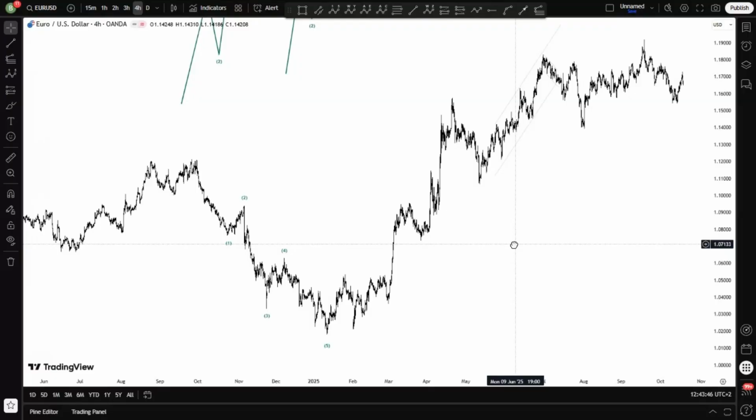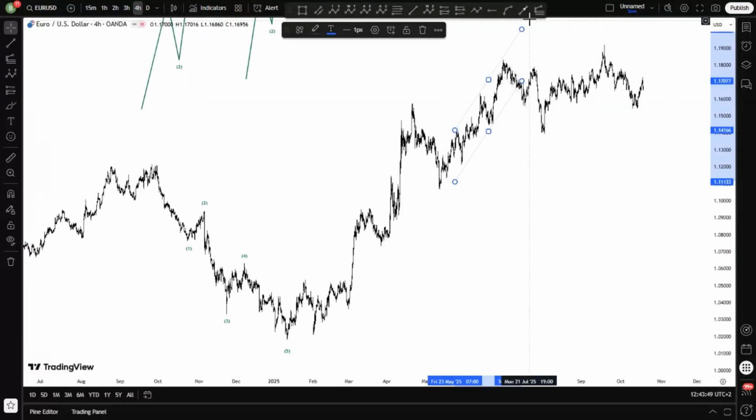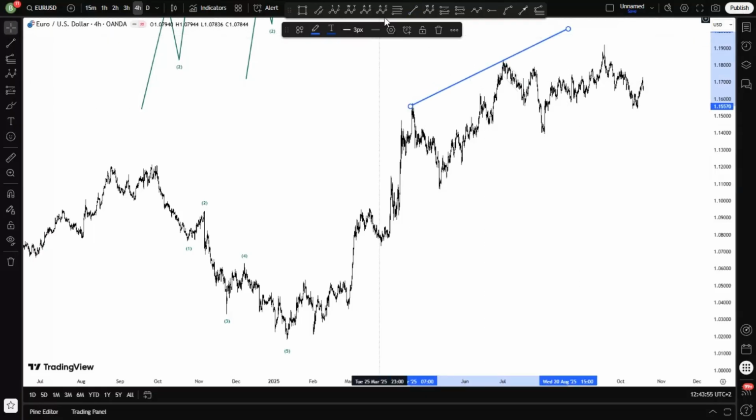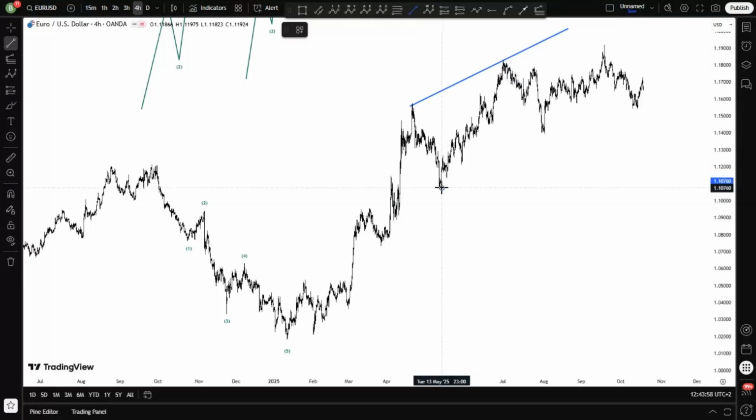This is an ending diagonal pattern. So again, knowing your patterns helps you to easily label the structures.